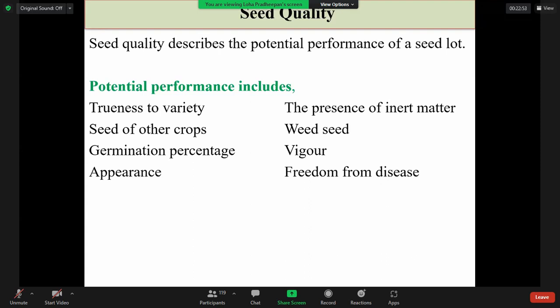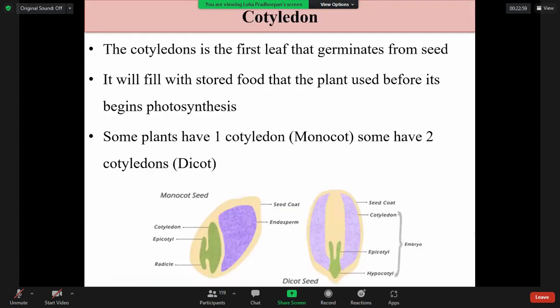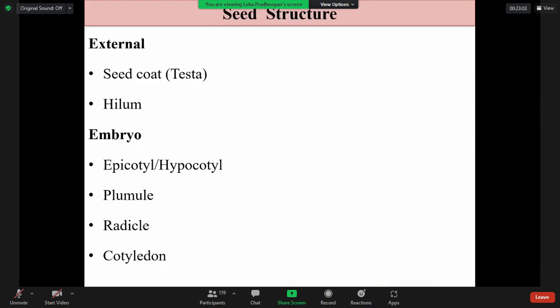Then under the internal structure, we have the embryo. In the embryo, we have structures like epicotyle, plumule, radicle, and cotyledon. The epicotyle, plumule gives the two pairs of miniature leaves, that is the shoot tip. Radicle is the root part.